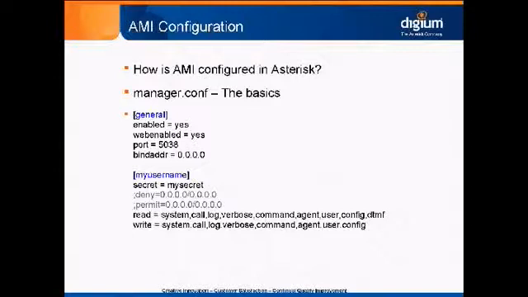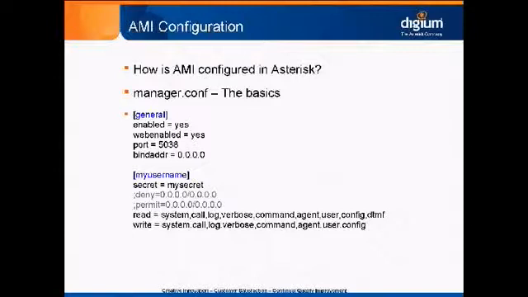The only really important thing here is you need to set up your AMI user, which in this case I've named very generically my username, and the secret's my secret. You also have permissions that you need to set for every user, and more information about these permissions can be found in the manager.conf.sample file. But in this case, I've given it pretty liberal permissions just so you can see what's available there.